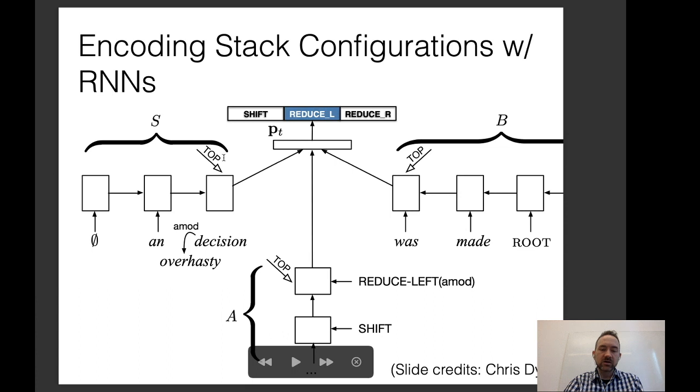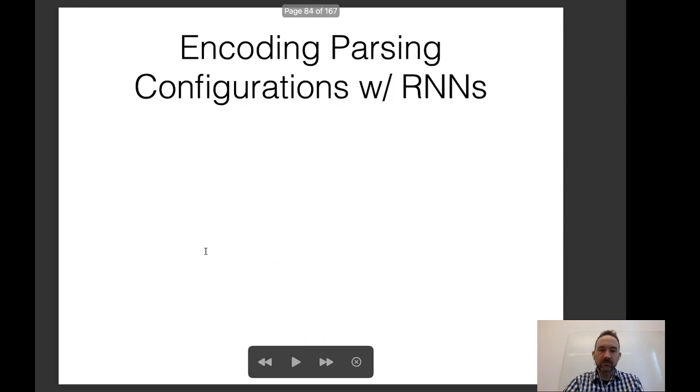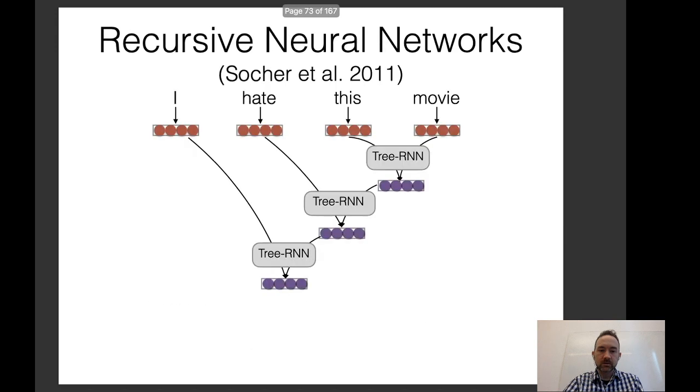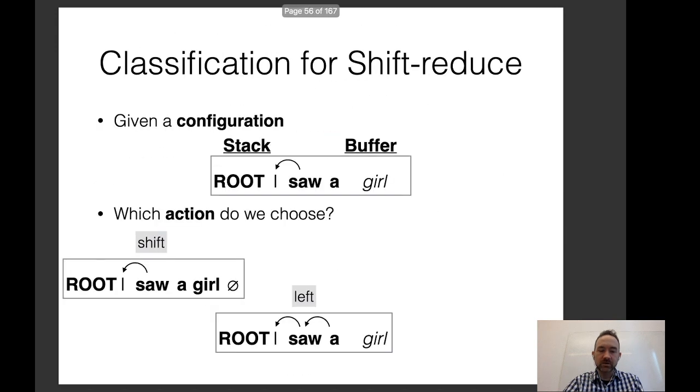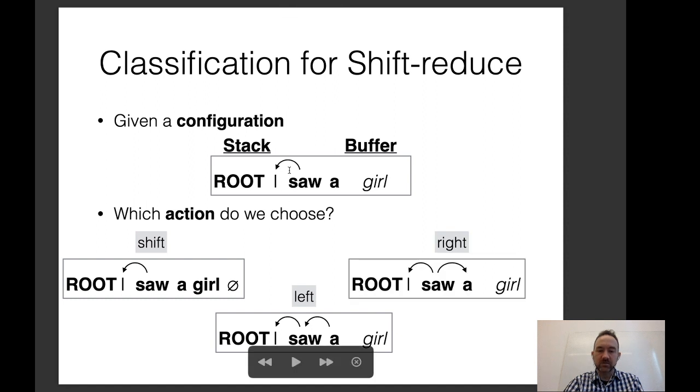And the stack is a little bit more complicated. So the stack here, we're not only encoding words, but we're also encoding subtrees of the tree. As you remember before, at any particular point in the parsing, we might have these kind of subtrees on the stack.